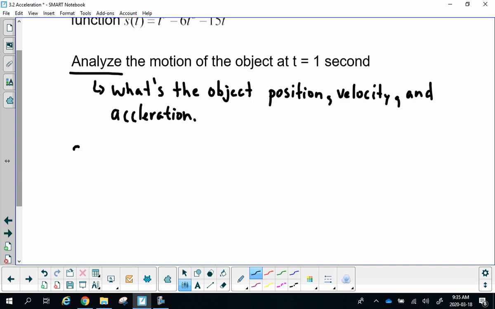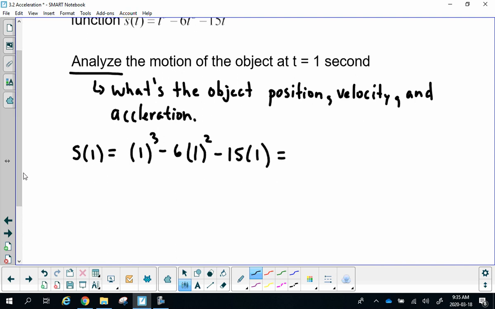So we're just going to look at s of 1. So s of 1 just means I'm going to take my function, I'm going to plug in 1 into the position function that I was given, and do some quick maths. Right? So 1 cubed is 1, minus 6 times 1, which is negative 6, that's negative 5, minus 15, so that gives us negative 21.